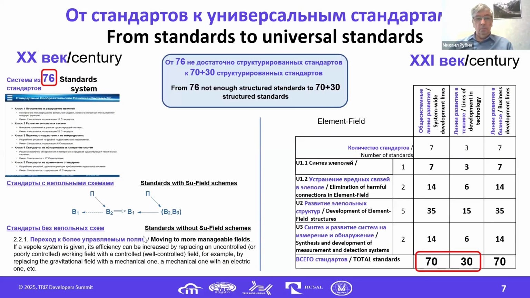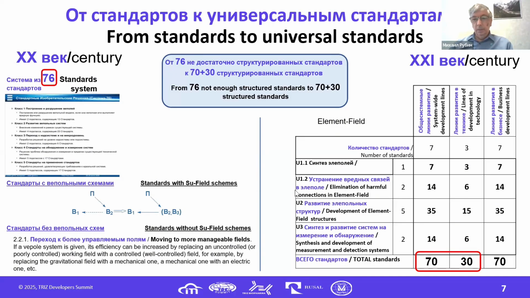We have standards where these problem situations and typical solutions are described in the form of this subfield formulae. And we also have these standards where we don't have a formulae, we only have recommendations, and we are moving to more manageable fields. This says to us that those standards are not unified and they can be complementary.